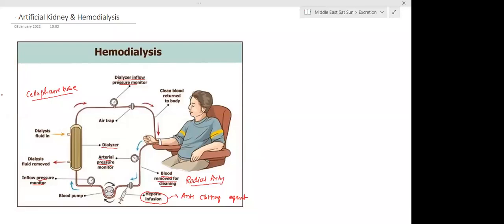The membrane of the cellophane tube is impermeable to blood and protein, and permeable to urea, uric acid, creatinine, and mineral ions. Full stop.